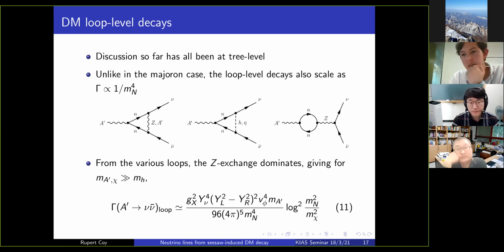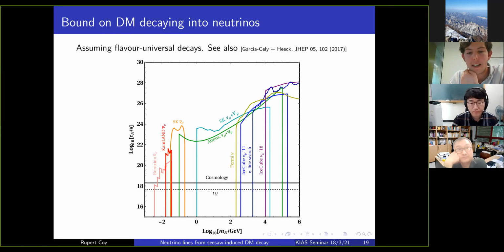Also, another question: you assume the lifetime is longer than the age of the universe, but can it be shorter? No. This is the result basically shown by this black line, by Poulin and Lesgourgues.